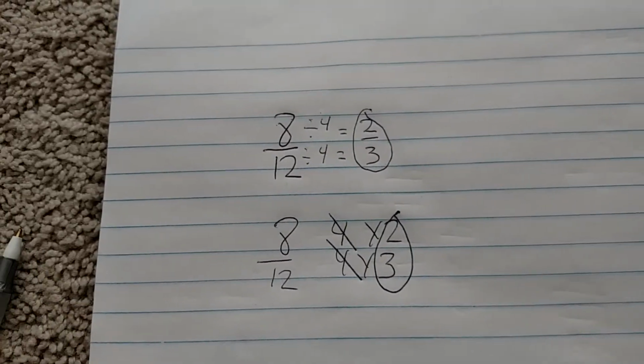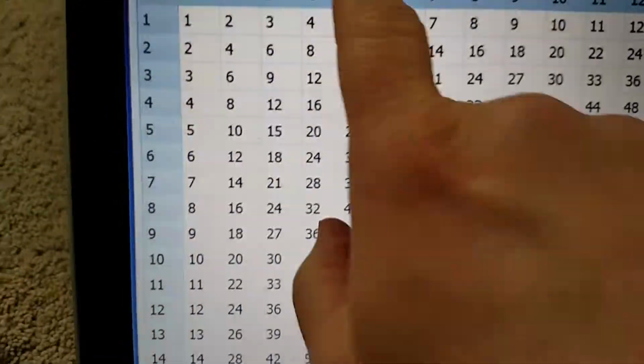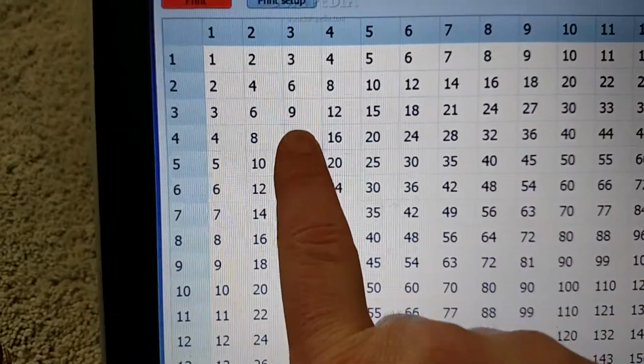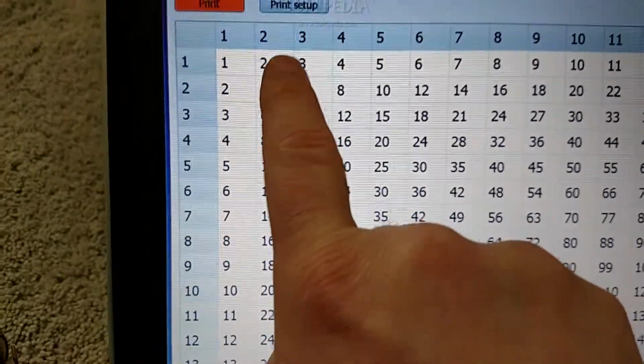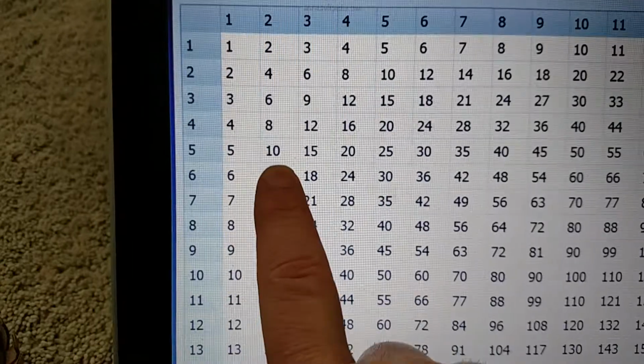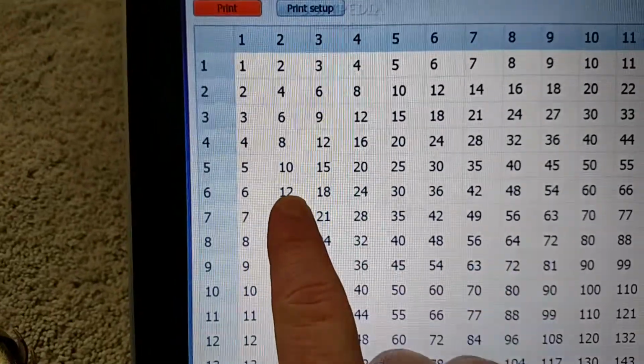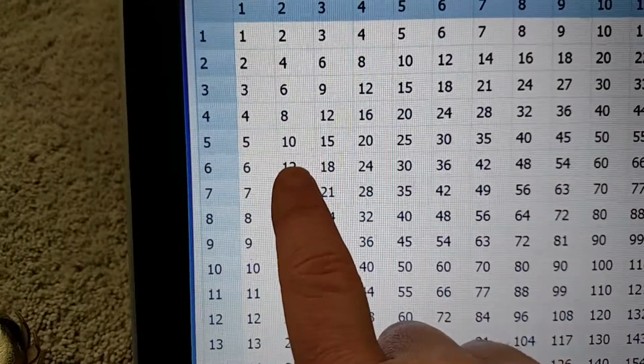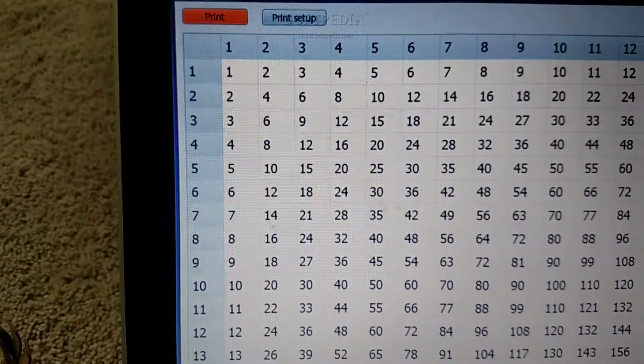One more way I've taught: if you have a multiplication chart at home, or just go online, you can find one. If I look at the columns, going straight down, and I can find a column where I see an 8 and a 12, I can find an equivalent fraction. There's an 8, there's a 12. If I go over to find the other factor, I would have 4, 6. So 4/6 is equivalent to 8/12.